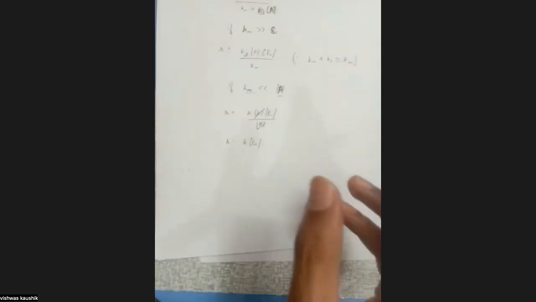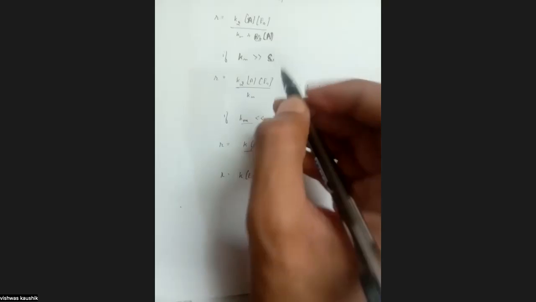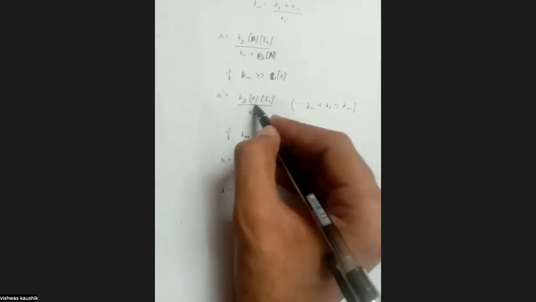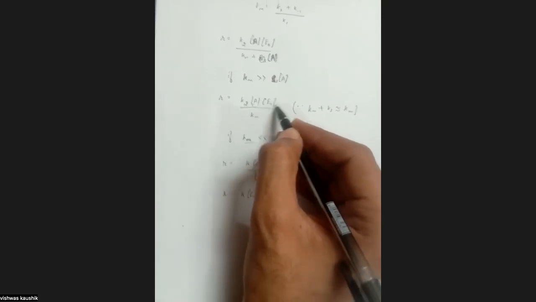And if the value of Km is greater than the concentration of substrate, then the rate will be first order with respect to the concentration of substrate, and also first order with respect to the concentration of the catalyst, or we can say that overall it is a second order reaction.